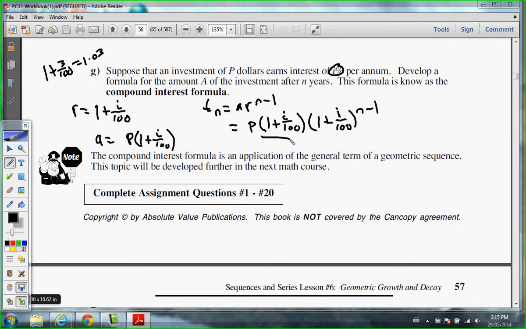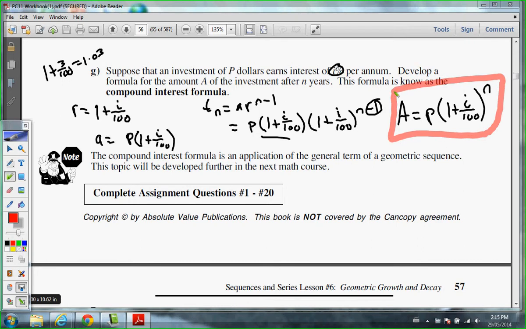The same thing with two of these here, we'll cancel that out. So simply, our annual interest is going to be represented by the function p times 1 plus i over 100 to the n. Okay, and that's your compound interest equation right there. And that's it.